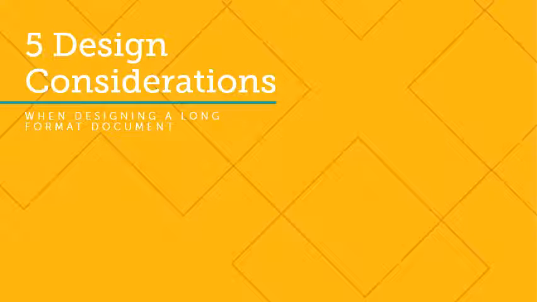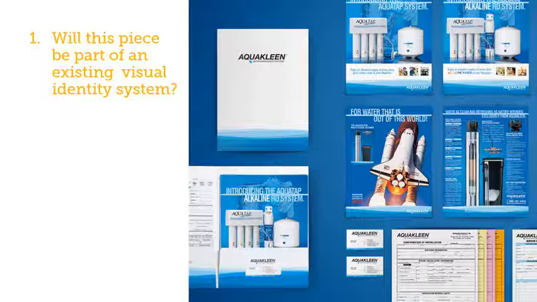Right, and our last section is our 5 design considerations when designing a long format document. Our first consideration is, will this piece be part of an existing visual identity system? More times than not, when you're working out in the world and you're asked to design something, there are already existing pieces in some sort of cohesive visual style for your client.